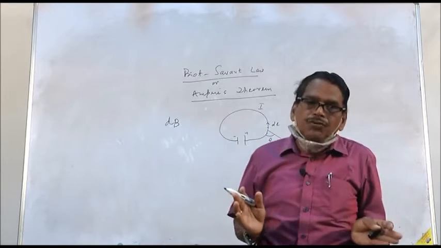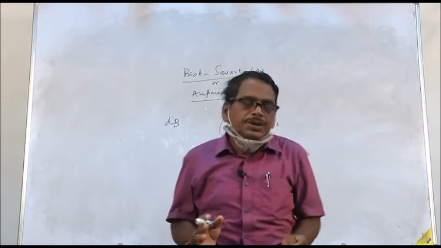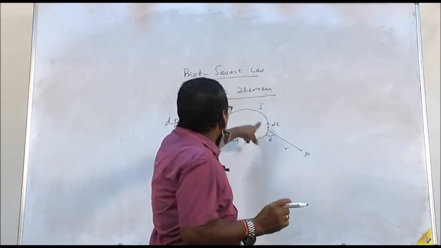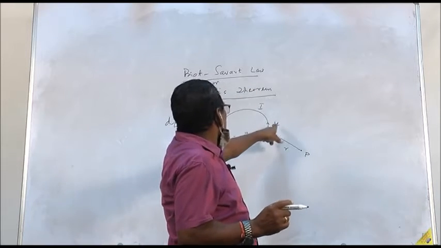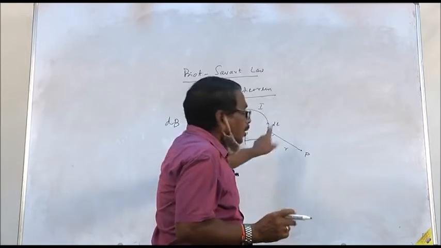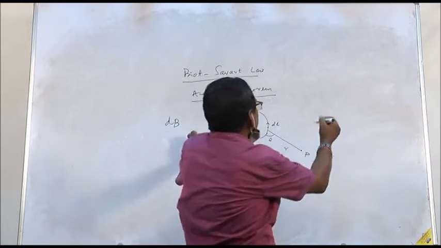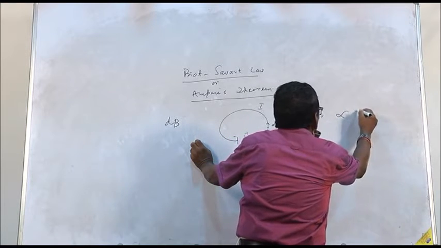You know the meaning of flux density: magnetic lines of force per unit area. So it will depend upon the strength of current, the small length of the conductor, the distance, and theta. So, the first factor: according to the Biot-Savart law, dB is directly proportional to I.